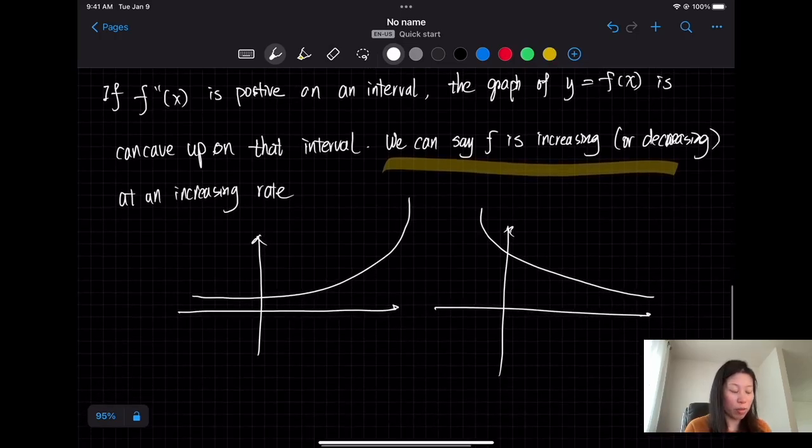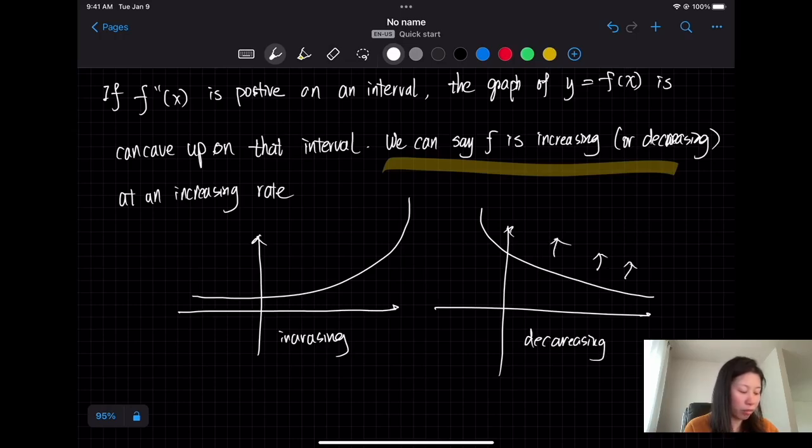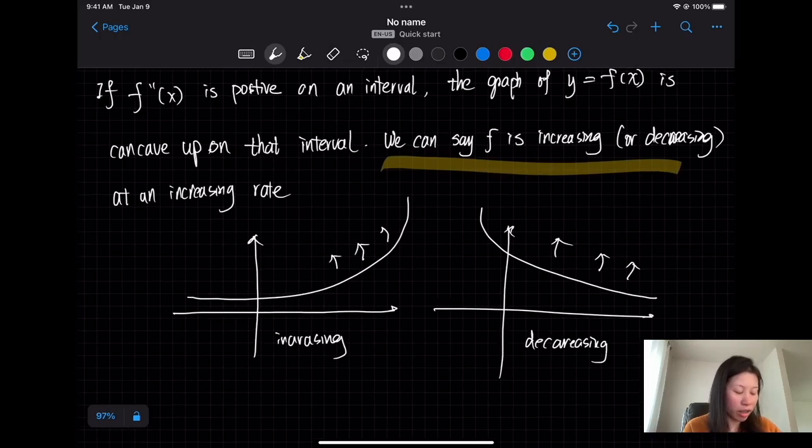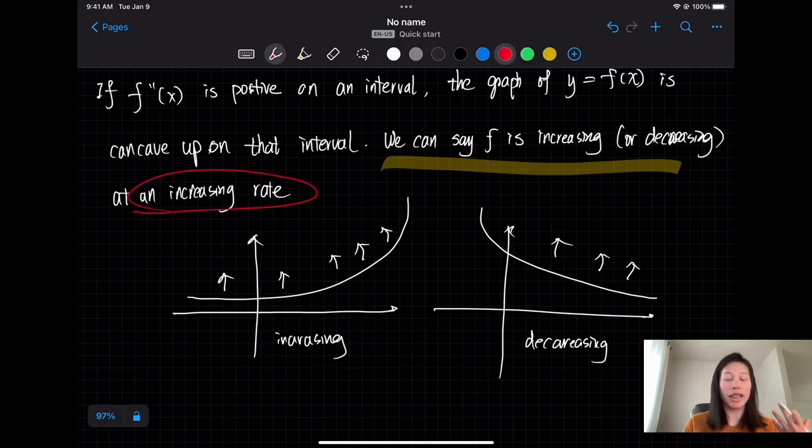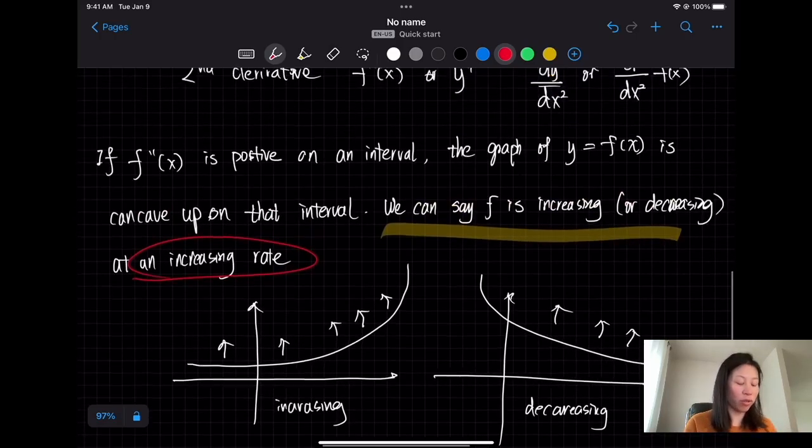That means on both of these functions, one can be an increasing function and this is a decreasing function. But they're both concave up, right? So that means they're increasing or decreasing at an increasing rate. That means the speed they're going is faster and faster.